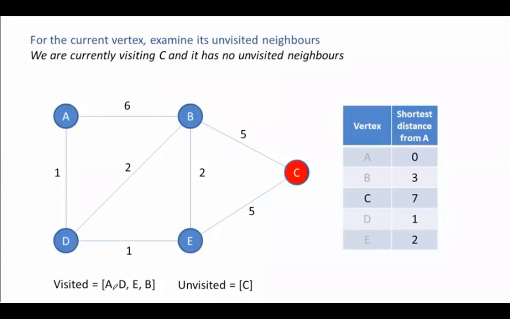From that neighbor, we'll calculate the distance to its neighbors, and we'll go on updating the table. Based on this table's values, finally we'll know the shortest distance from A to all other vertices. The shortest distance from A to B is 3, A to C is 7, A to D is 1, A to E is 2. So this table gives us the shortest distance from A to the rest of the vertices.